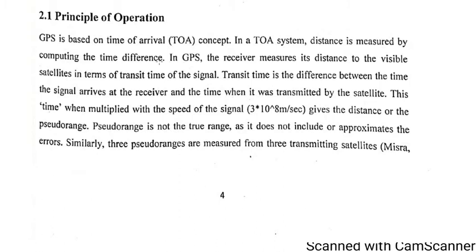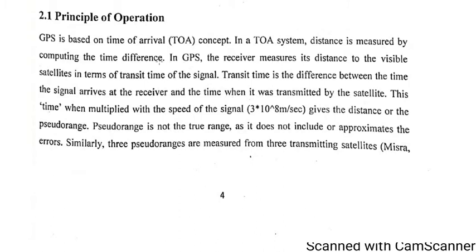Which time difference are we going to find? The time when the signal is transmitted from the satellite to the receiver. The transit time is the difference between the time the signal arrived at the receiver and the time when it was transmitted by the satellite.